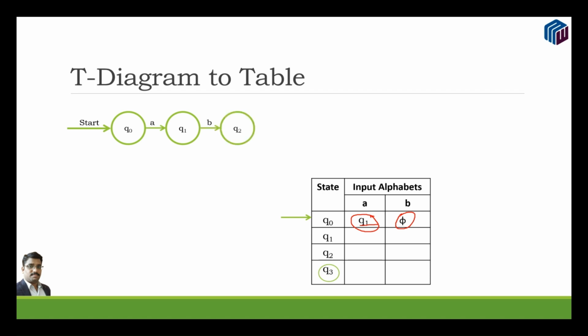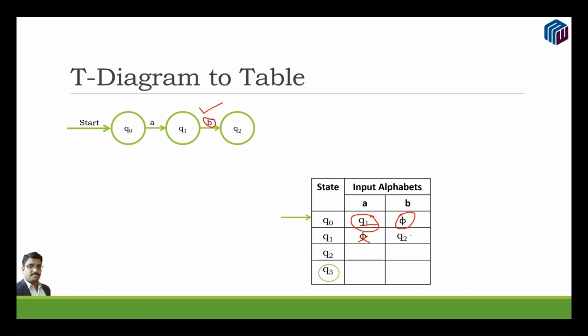Next, Q1 on B: here the input alphabet is B, and there is no transition on A. Q1 on B gives the state Q2, and at the place of Q1 on A we get phi.